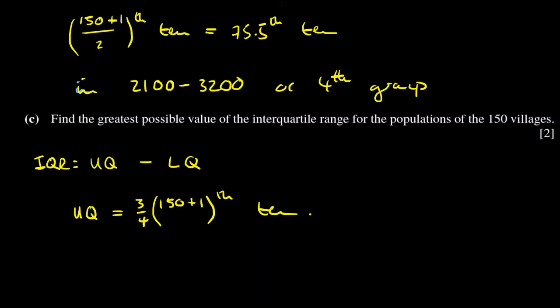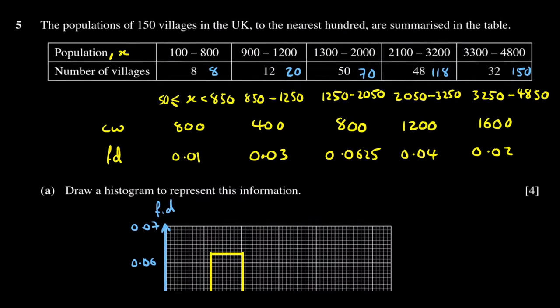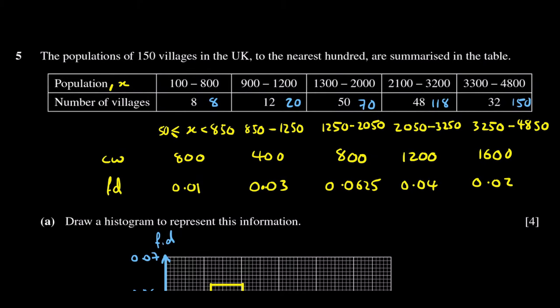So if I do 151 times 3/4, that's going to be the 113.25th term. Okay, so in what group is that going to be? Let's go up to here. The 113th, well, it's going to be in this group here, right?